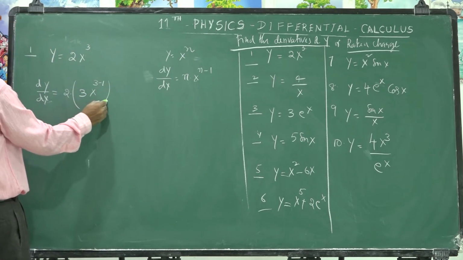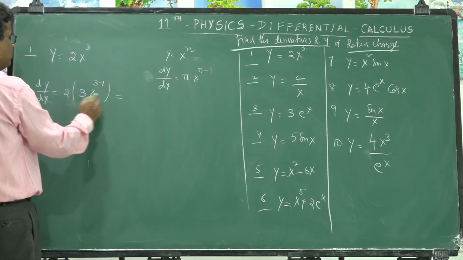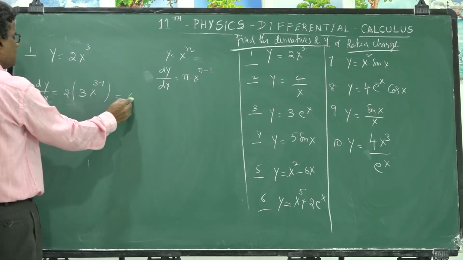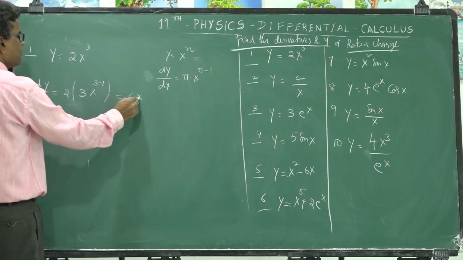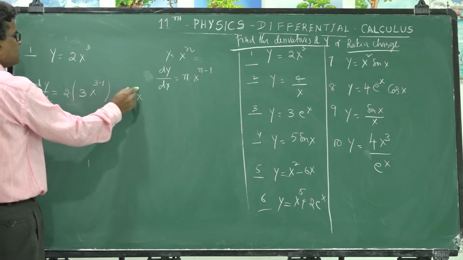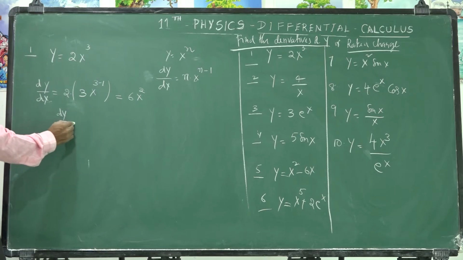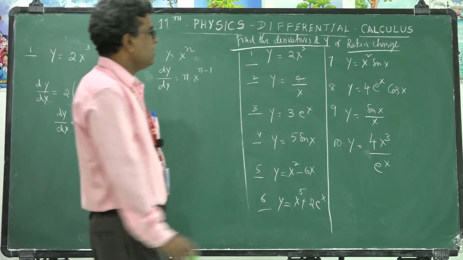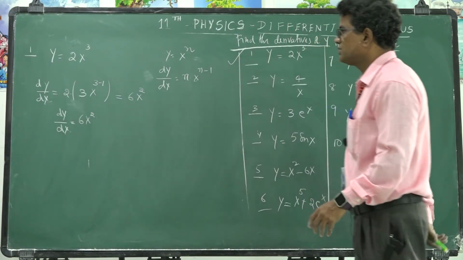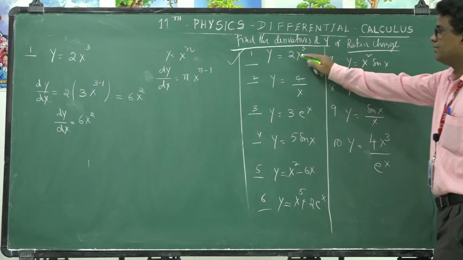So what will you get? 2 into 3, 6, x to the power 3 minus 1, 2. So the derivative of this function, dy by dx, is 6x square. This is the answer for the first one. Clear? Second one.